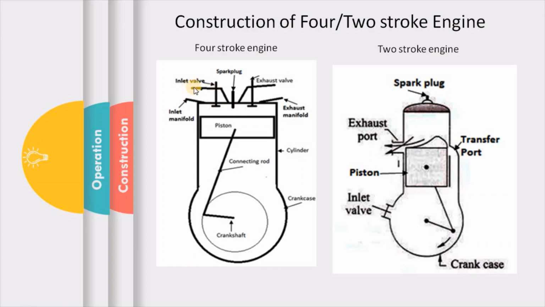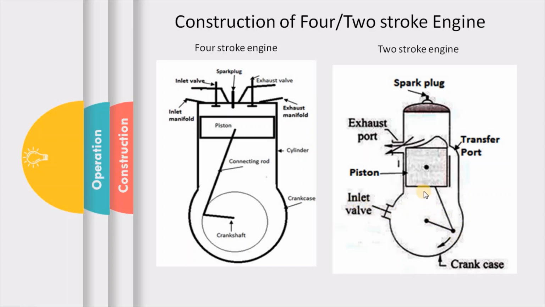In the four-stroke engine we have the inlet manifold and inlet valve, exhaust manifold and exhaust valve, but here we have the exhaust port and transfer port. This is the region or valve through which the mixture comes into the engine crankcase initially.